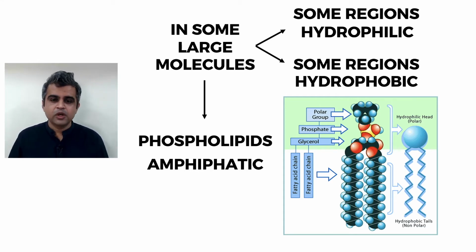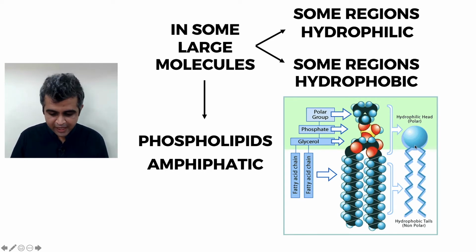If we were to take a cluster of phospholipids, that is, a few thousand such molecules, I'm not talking one or two, I'm talking thousands of such molecules, and if we were to just throw them in water, what is going to happen to all these molecules? Once they hit water, this part which you see here is water loving and this part which you see here is water hating.